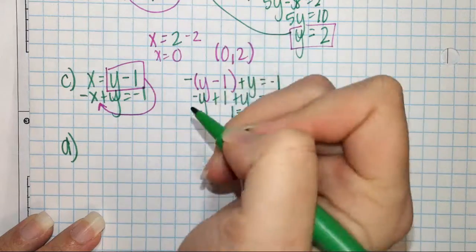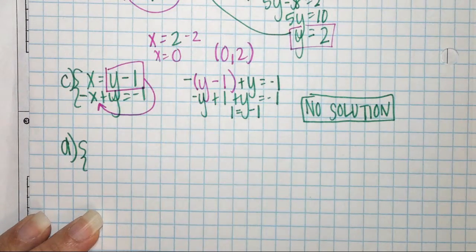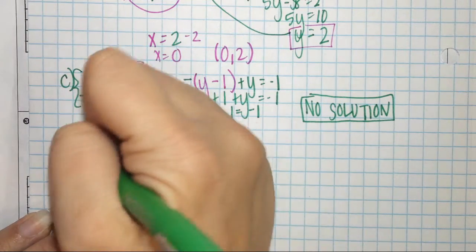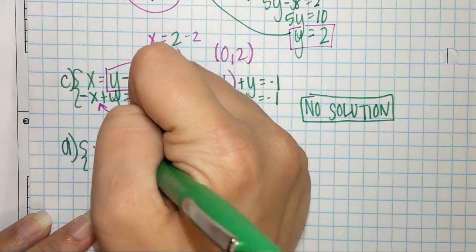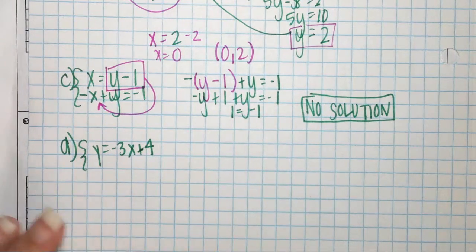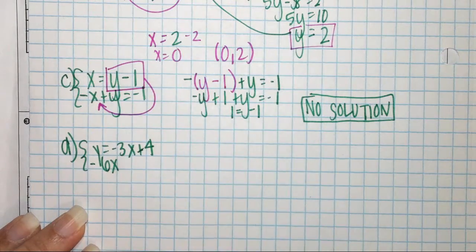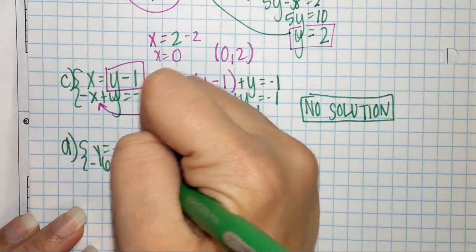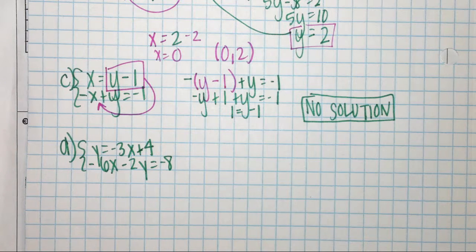Alright, for this one, y equals negative 3x plus 4 and negative 6x minus 2y equals negative 8. Watch your signs, taters. Watch your signs on this one.